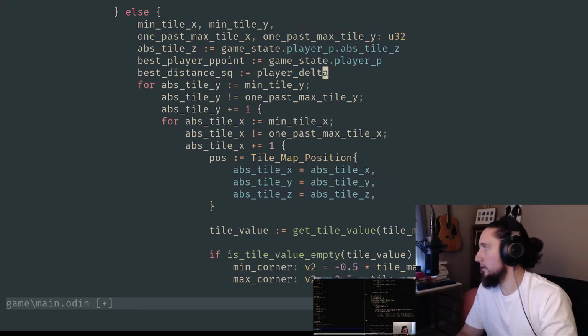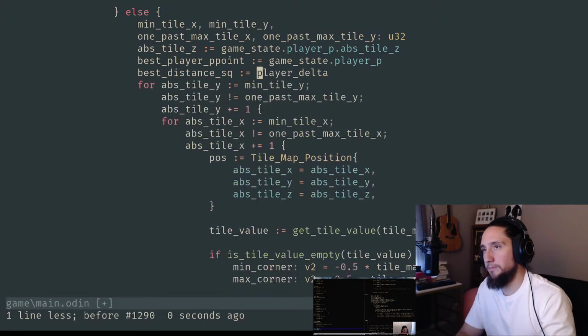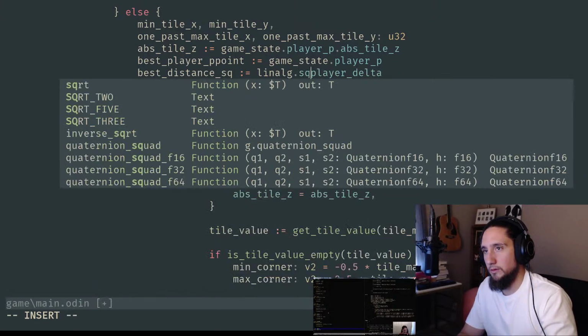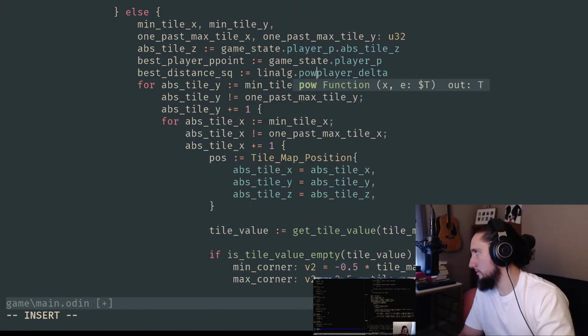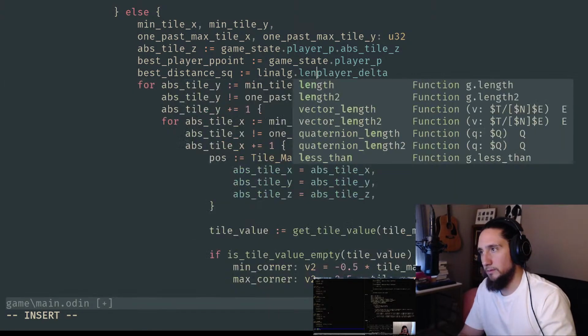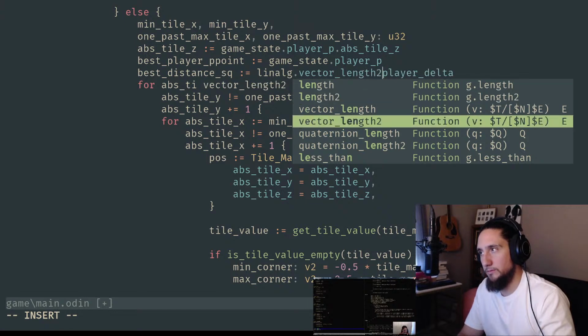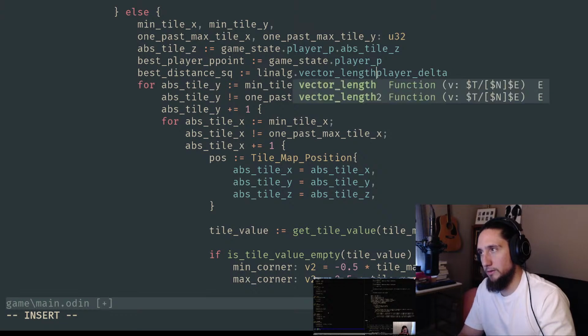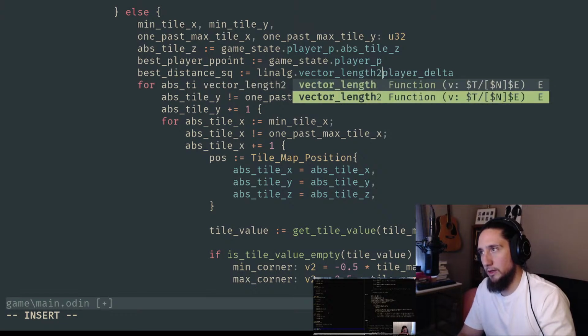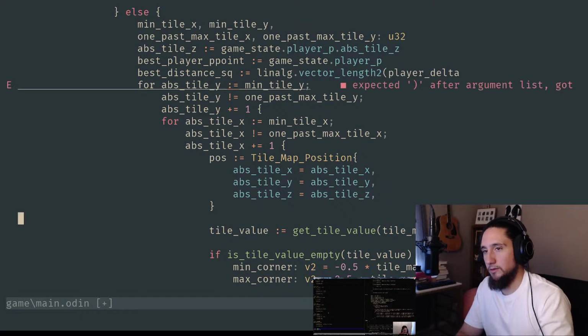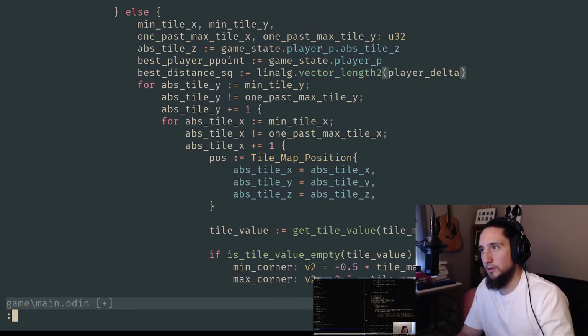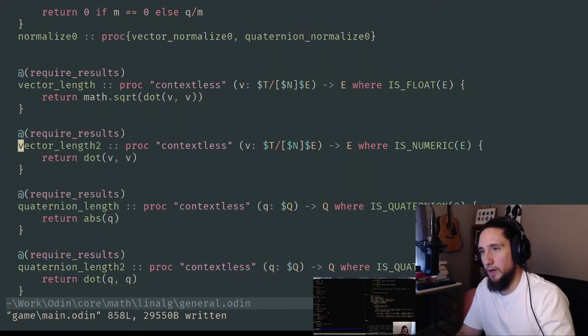So if we are going to square that delta, well, couldn't I just POW? But that's the... I think this is it right here. Vector length 2. Because this gives us the length. And then vector length 2. Like that. I could just go for it and see what happens.